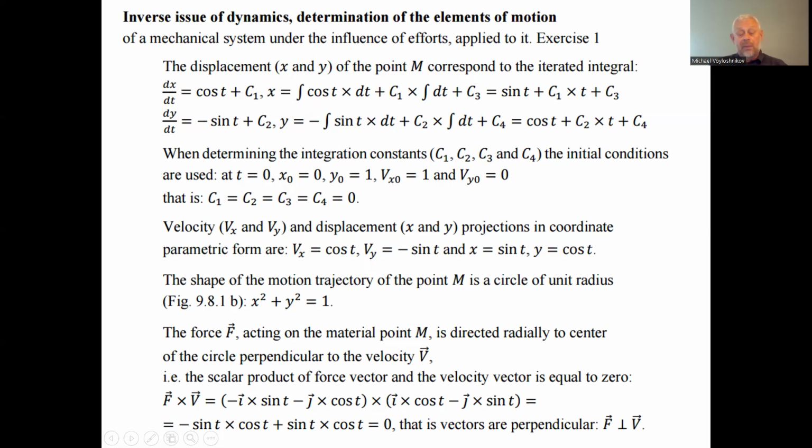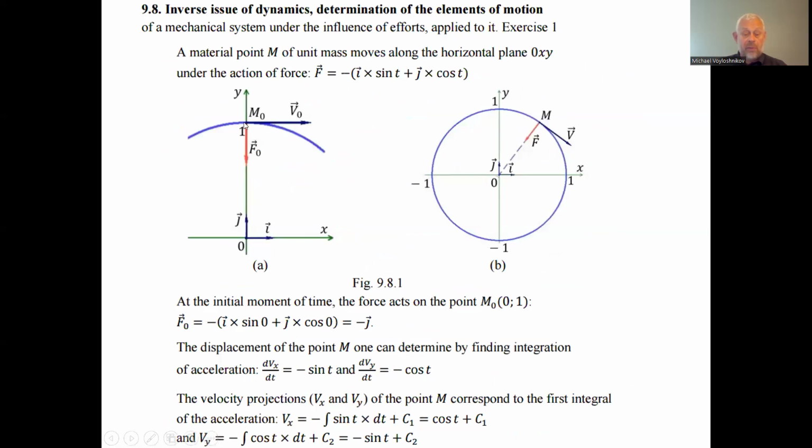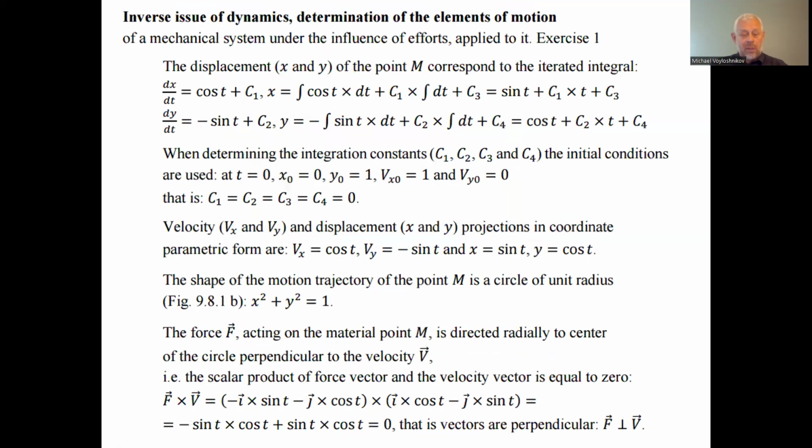That's why we have checked that the actual external force is perpendicular to the vector of the velocity. This means that the force is perpendicular to the velocity, and the point experiences normal acceleration. There is no tangential acceleration, so it rotates around the definite reference point 0 with a constant velocity, a constant angular velocity, and a constant radius of curvature, that is, the shape of the trajectory is a circle.